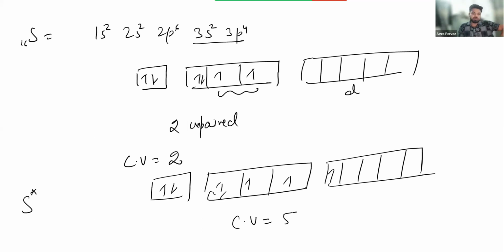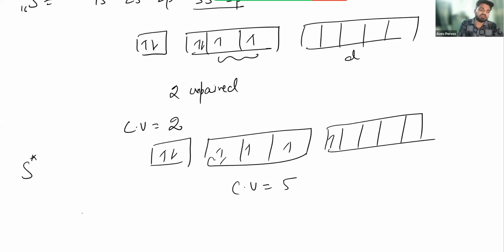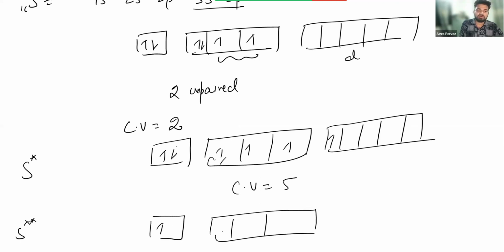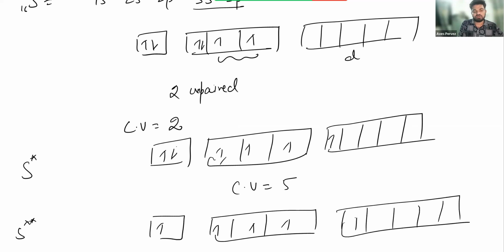Now, if this electron also jumps to this one in the second excited state, it is going to have 1, 2, so here it is also unpaired, and then this is also going to have 2.